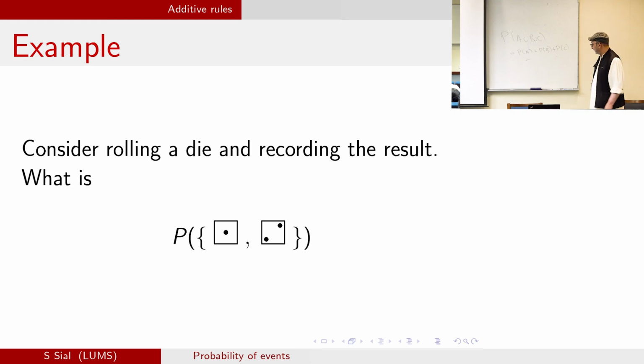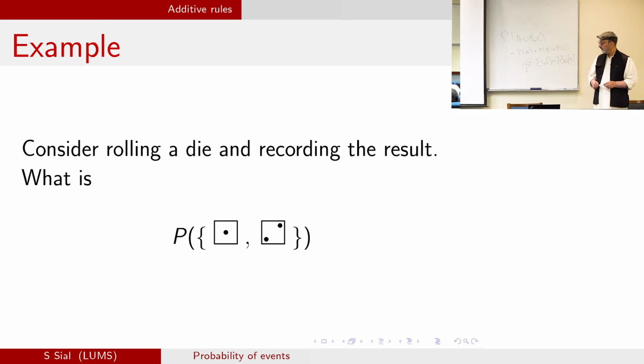Right, so the set {1, 2} is the union of the set containing 1 only with the set containing 2 only.